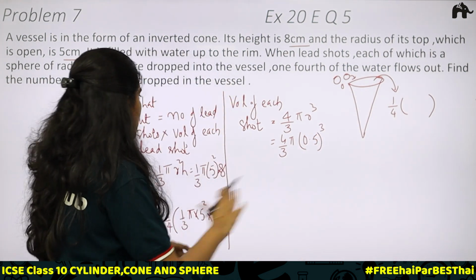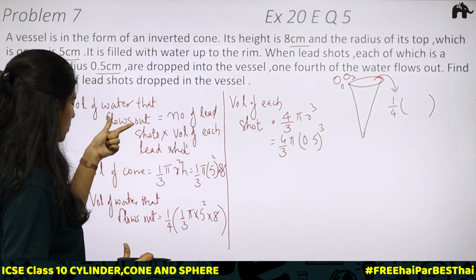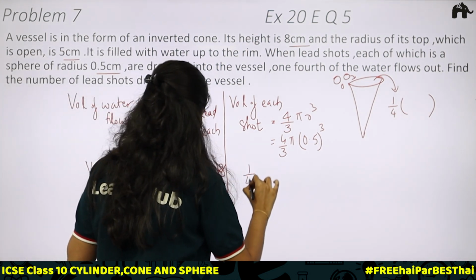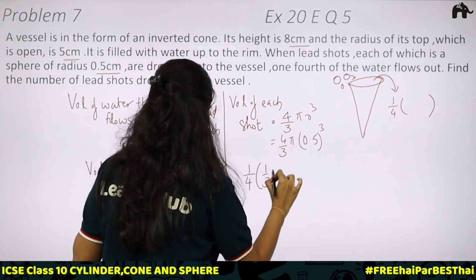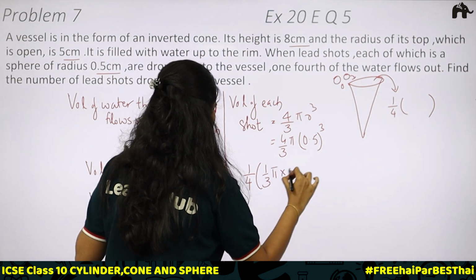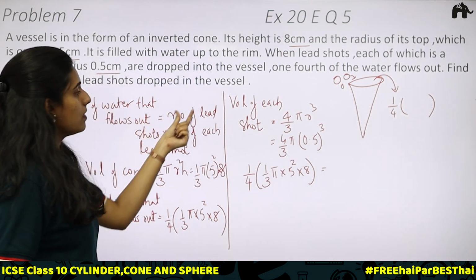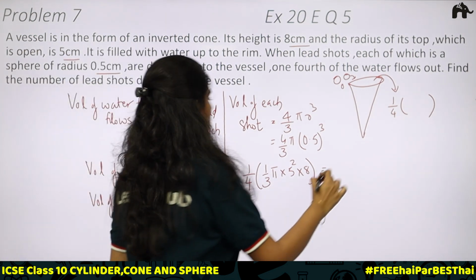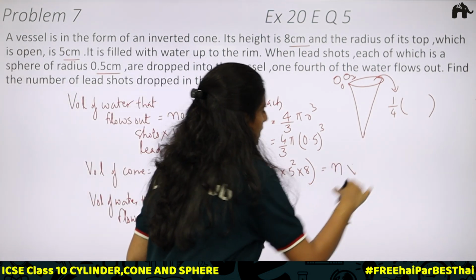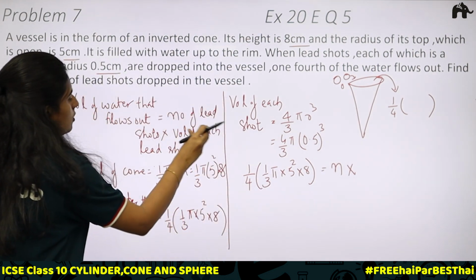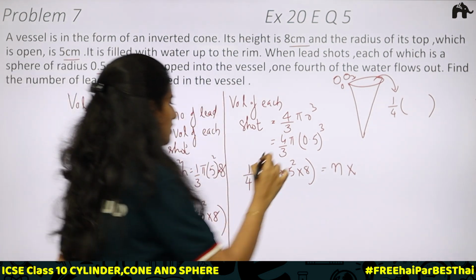Okay. Now we have the volume of water that flows out: 1/4 into 1/3 pi into 5 square into 8 is equal to the number of lead shots. Let us take the number of lead shots as n into the volume of each lead shot.